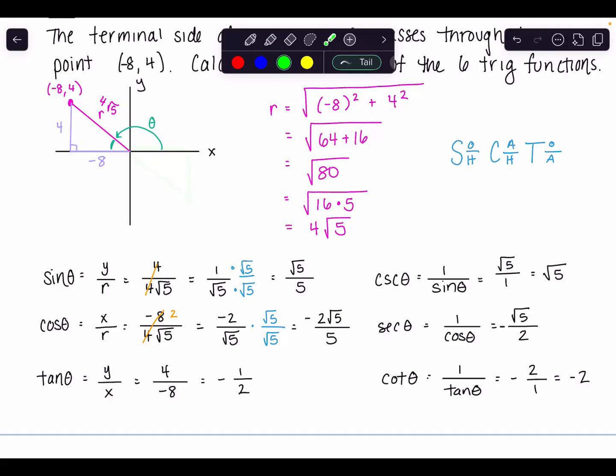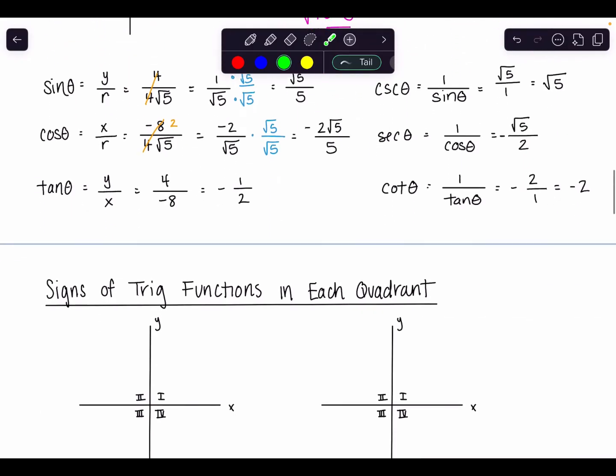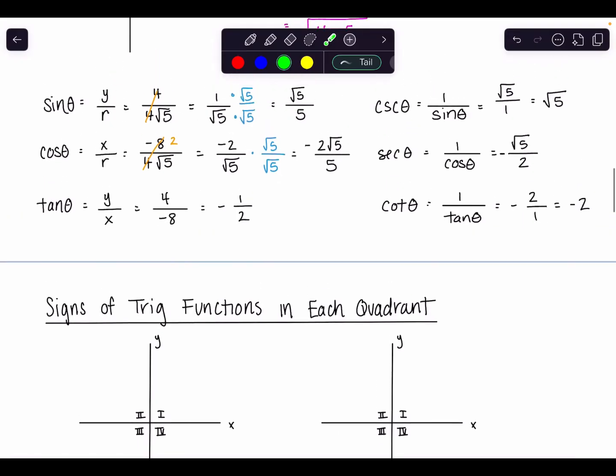So what ends up happening if I look at these trig functions in each of my quadrants, that's ultimately going to tell me what signs they're going to be. As long as you know sine, cosine, tangent, you can immediately get all these reciprocal functions, which again is why we put our main focus into these 3 trig functions.